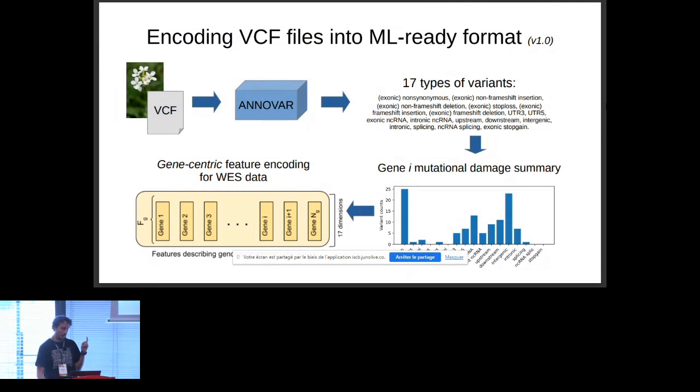To do so, we parsed the VCF with ANNOVAR, categorizing each variant into one of 17 functional classes, and then we tried to summarize the mutational damage carried by each gene by counting how many of each type of variant is mapped on each gene. And then we represented each sample as the collection of all those histograms categorizing the gene mutational damage.